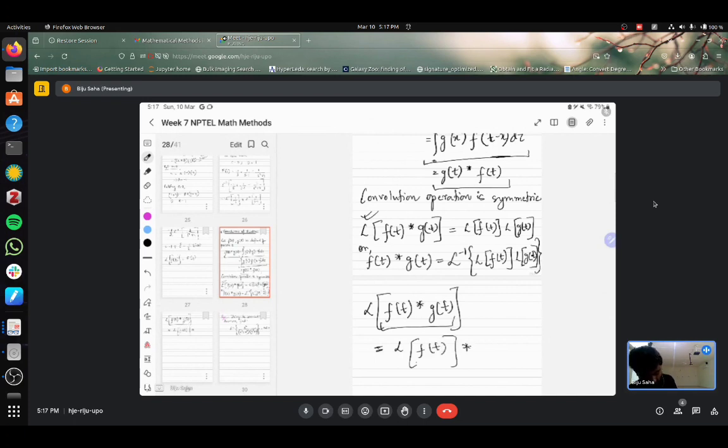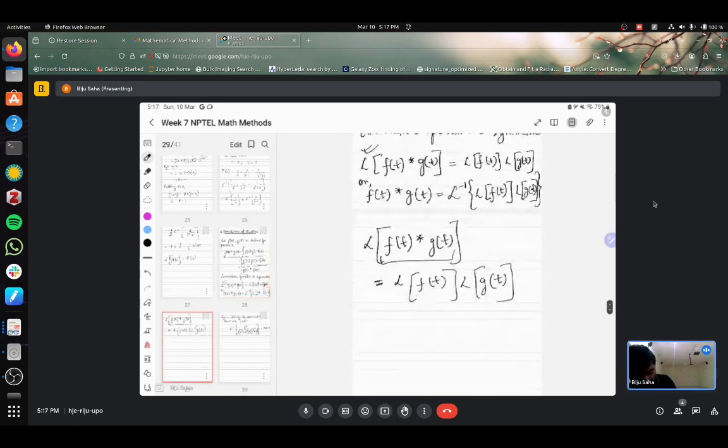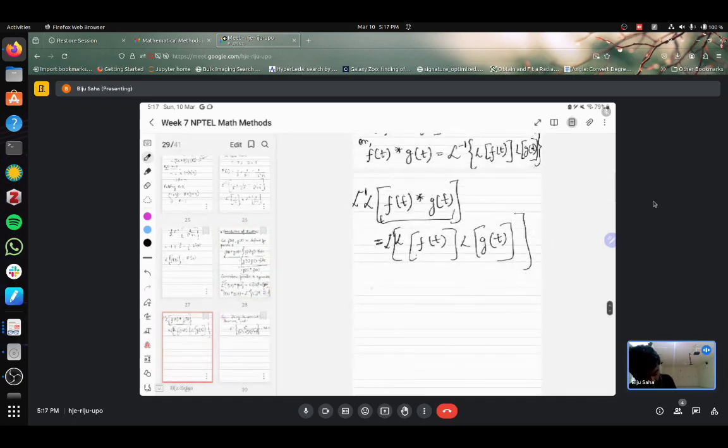So this is not asterisk again, this is just a normal product. Now let's take the inverse Laplace transform on both sides. When you take the inverse Laplace transform on both sides, what you get is f(t) convoluted with g(t) is basically the inverse Laplace transform of this entire thing.